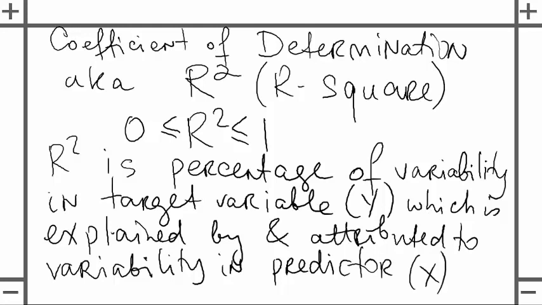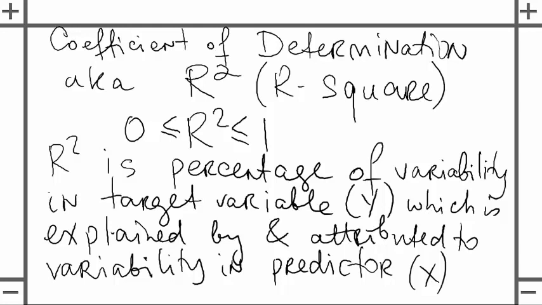Okay? So this is generic interpretation, again, for all cases, for all problems, regardless of what it is. R squared tells you what percentage of changes in your target variable y is explained by the changes in your predictor variable x.